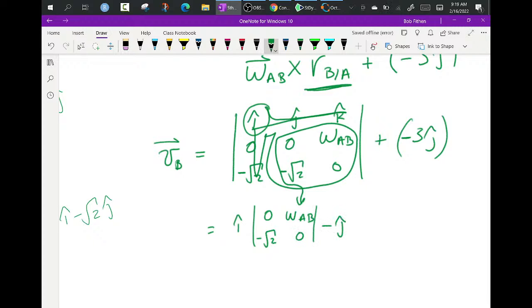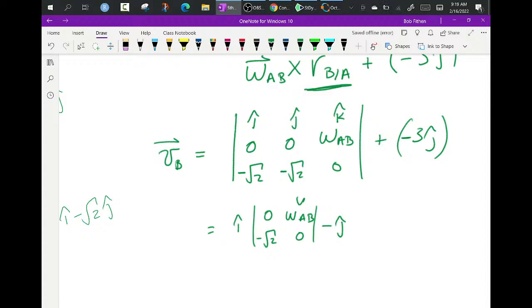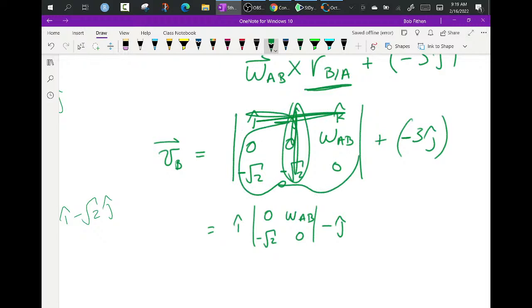Minus j times, if you have that, it's a minus here, it eliminates this and this, and you take this as your matrix.